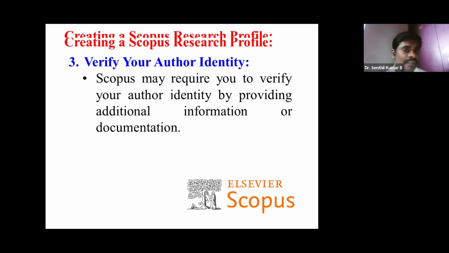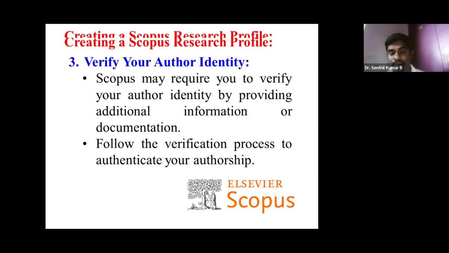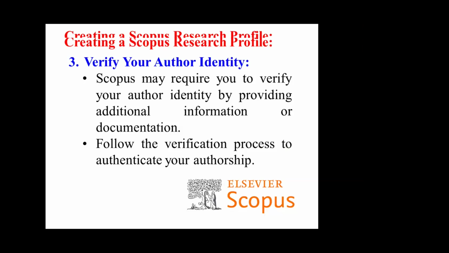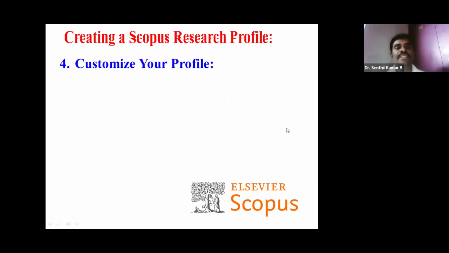If at all it is asking, please provide it so that they can verify you. That is very important. Please follow the verification process to authenticate your authorship also. If you feed the details, they will confirm your authorship.